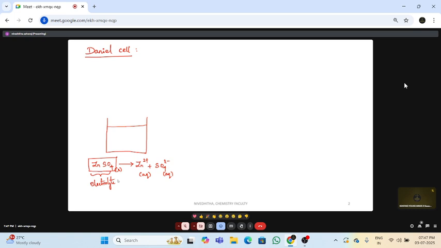So zinc sulfate is an electrolyte, because when we dissolve the zinc sulfate salt in the aqueous medium, it dissociates into Zn2+ and SO4 2- ions. Now I've dissolved this electrolyte inside the solution, and the solution is called an electrolytic solution.